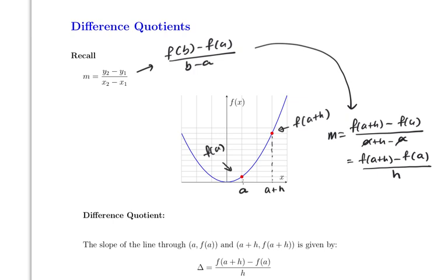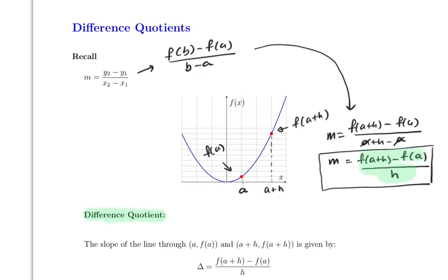Okay, so now this looks very fancy. It looks like, oh, this is pretty complicated, but notice that this is nothing more than the formula for the slope. Since we changed it and it looks different, it's still the slope, but now we're going to call this formula the difference quotient, okay? This is going to be the name. We're going to call this difference quotient, which is the slope.